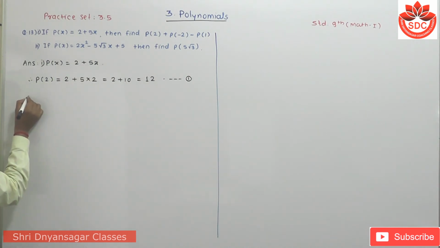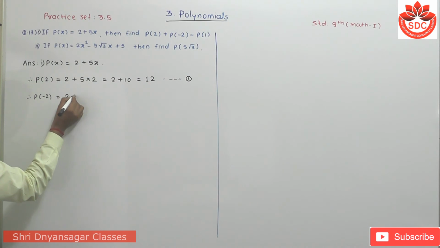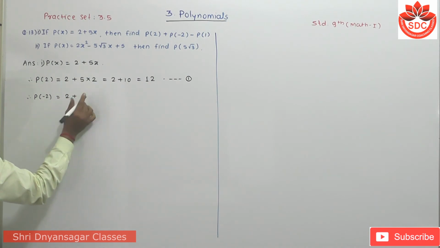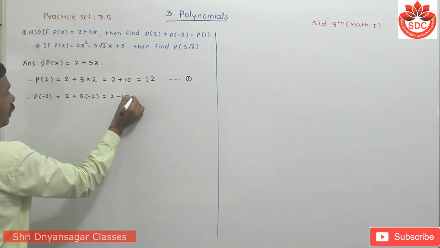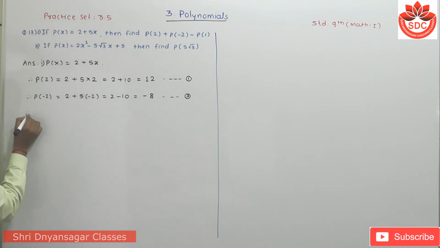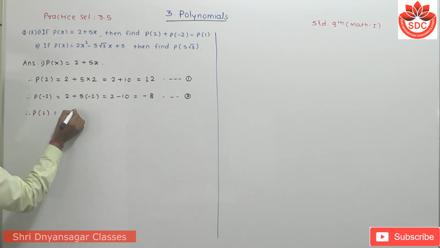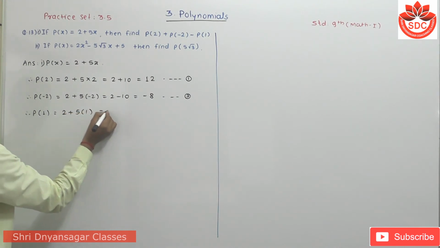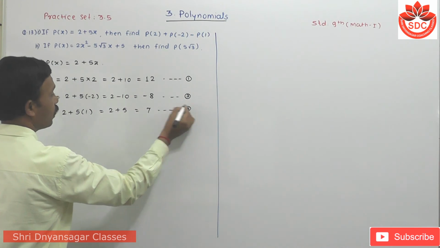Then second, p of minus 2 is equal to, substitute here, 2 plus 5 into minus 2, that means 2 minus 10 is equal to minus 8, equation second. Then third one is p of 1 is equal to 2 plus 5 into 1, that means 2 plus 5 is equal to 7, equation number third.